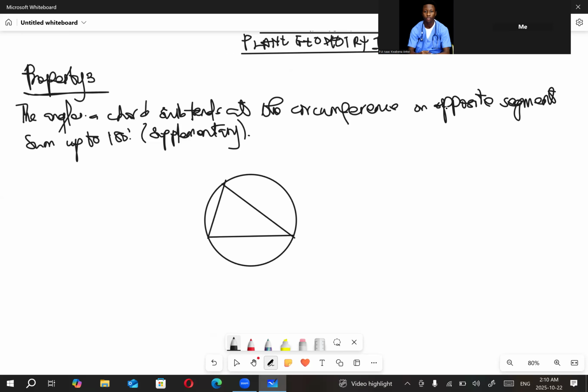And that same chord makes an angle right here. You see, so that chord makes an angle on the circumference.